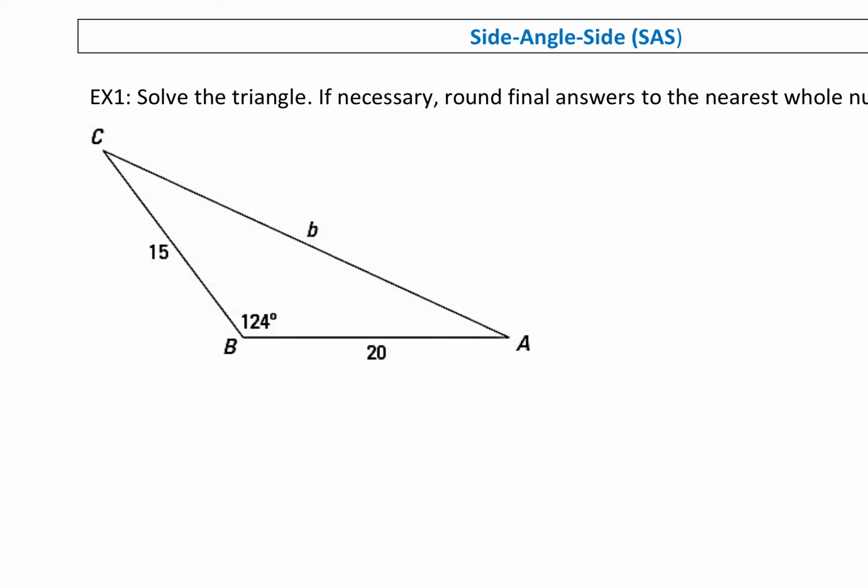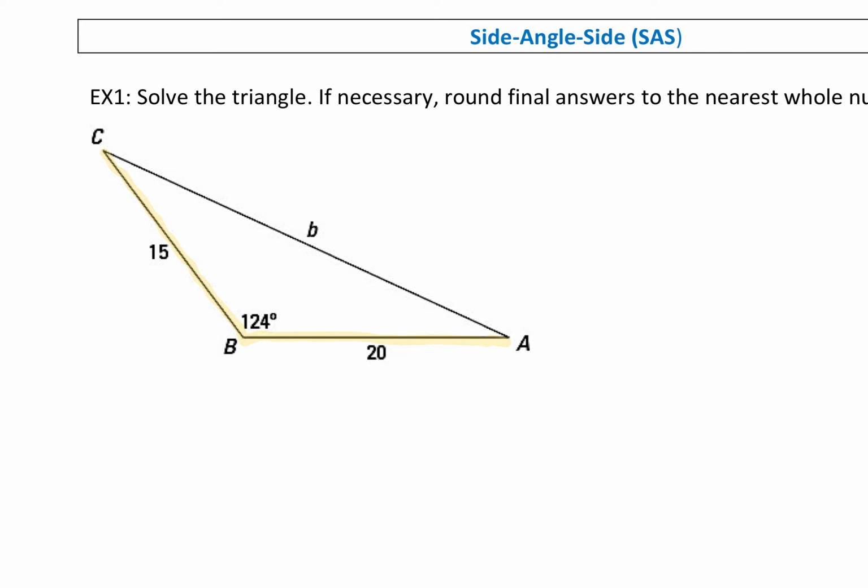In this case, we have a side of 15, then an angle of 124 degrees, and then a side of 20. So this is an example of side, angle, side. Now here, I'm going to go ahead and label just to remind myself what the 15 and the 20 stand for.